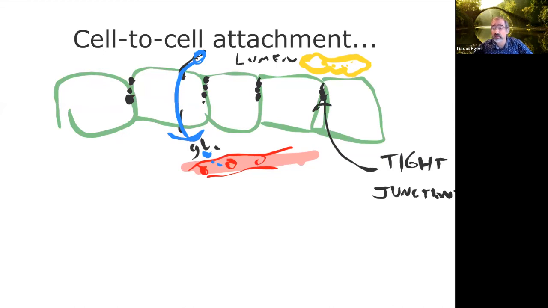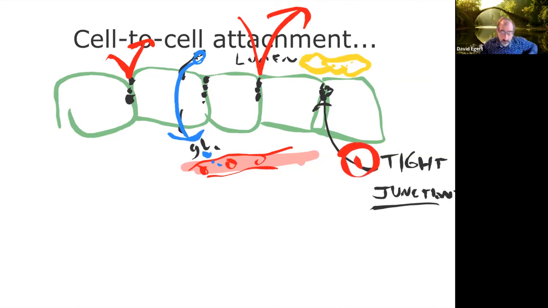But the Ziploc junction allows those two things to really have a super tight seal. So that's what tight junctions are like. So any random thing that's trying to get across cannot make it across. The only things that are making it from one side to the other are the things that we are intentionally moving. So that's tight junctions.